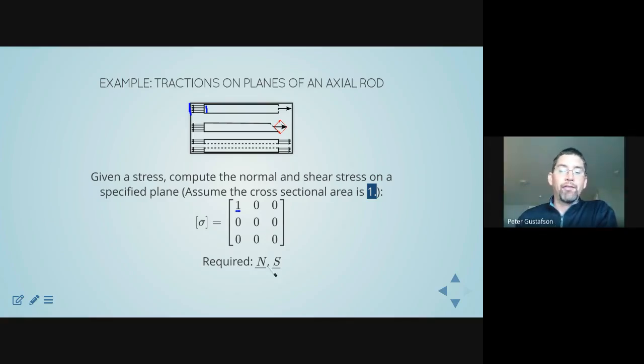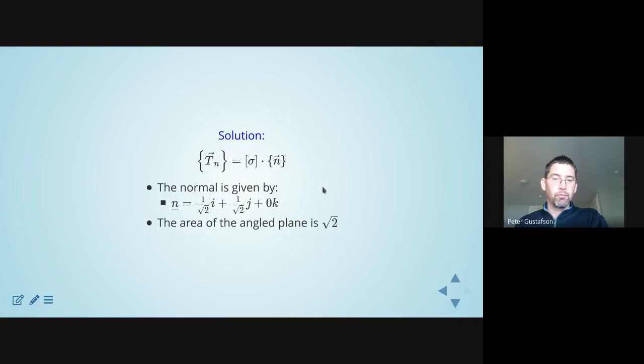And what I'm asking for is n and s. So n and s in this case represent the normal component and the shear component of the traction vector on the internally exposed surfaces. So how do we do it? Well, we do it using the mathematics that I've just described.